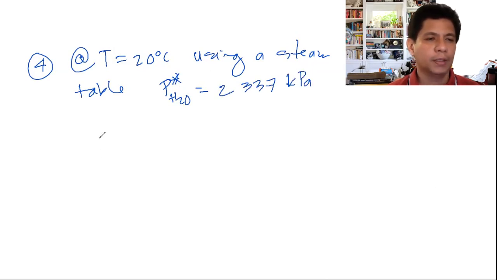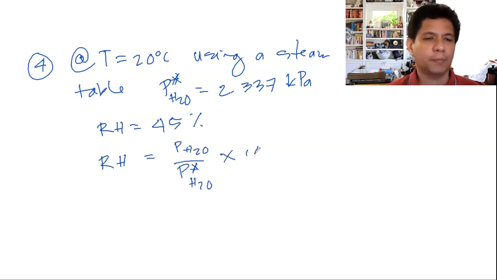Okay? Tapos, we have 45%, RH is given to be 45%. And then RH is simply pH2O, ito yung kailangan natin hanapin, divided by P star H2O times 100%.